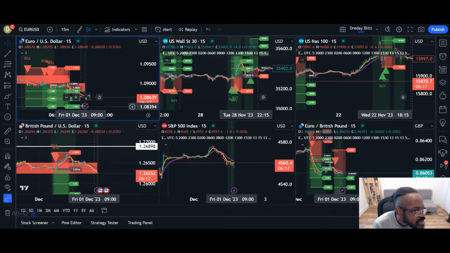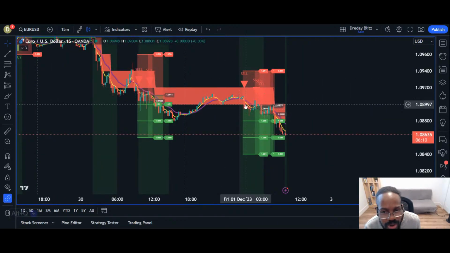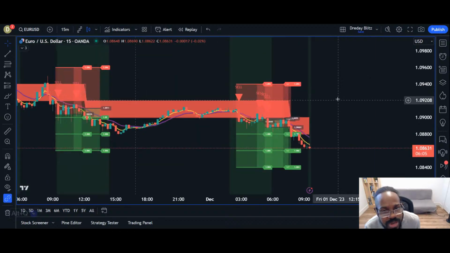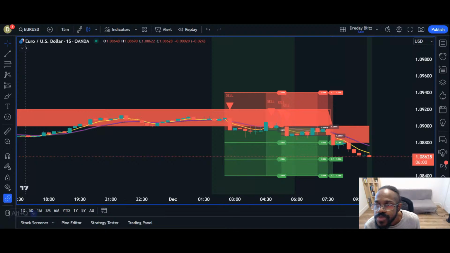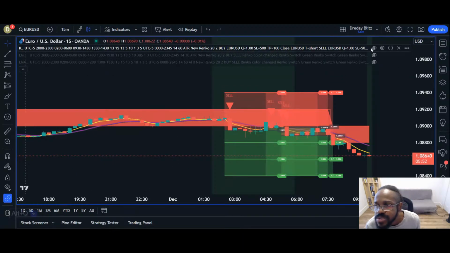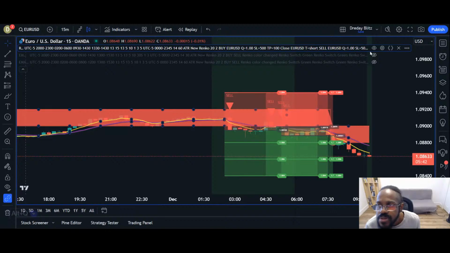So let's look at the Forex pairs here. We have Euro USD right here. So at the London session here, we had the three. Is it three? More than three. Let's see here. I'm just gonna remove the background here of the Renkos, so that way we could see.